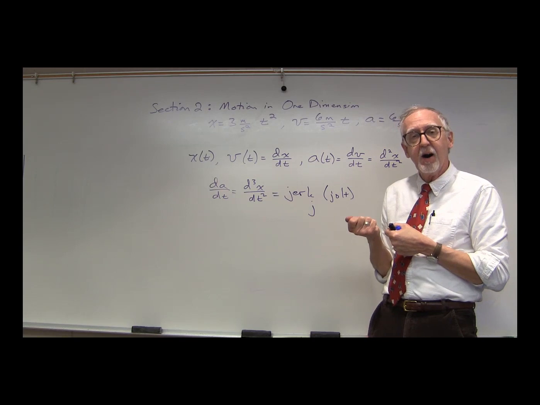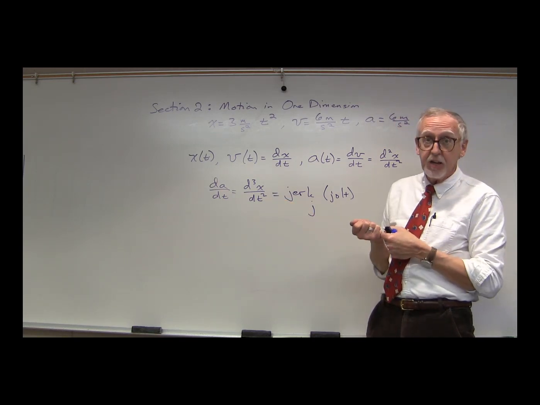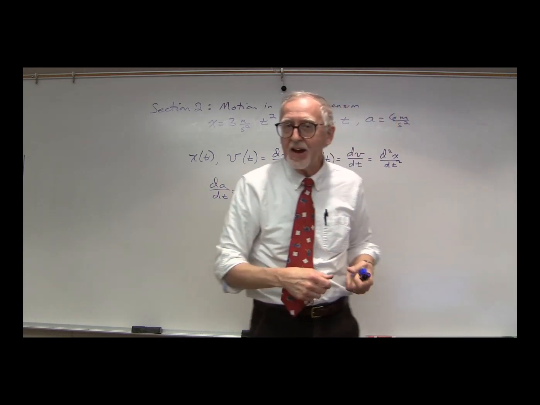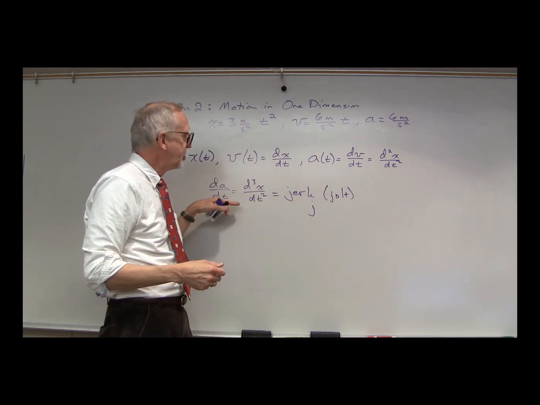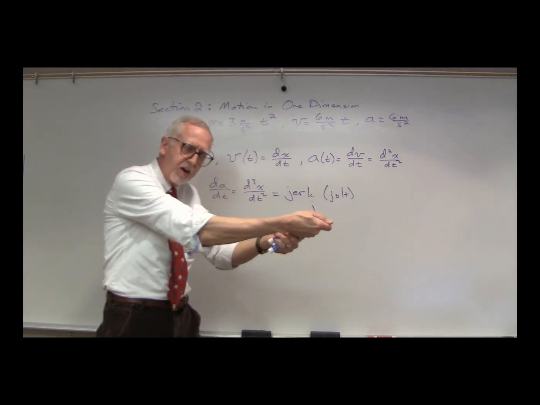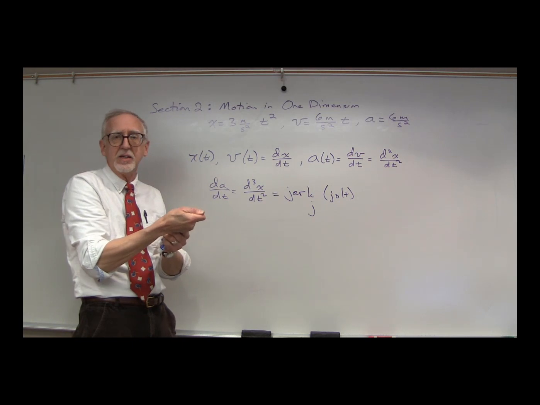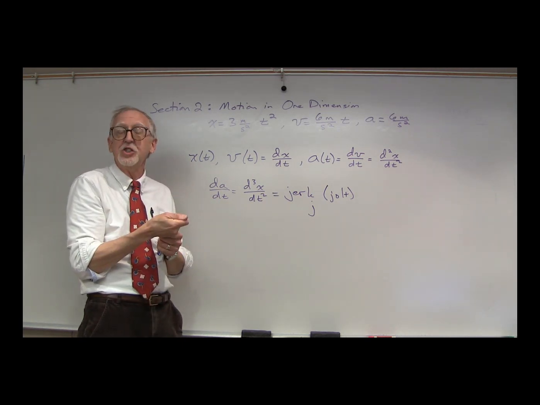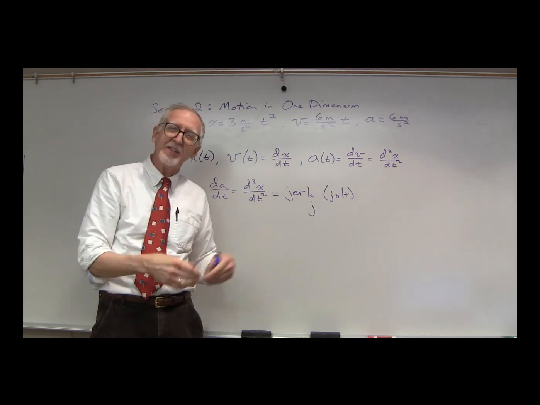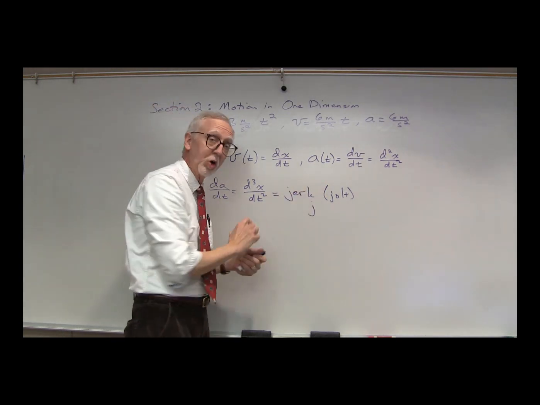They jerk on the rope. That's a change in the acceleration, and that's where the idea comes from. A jerk is a change in the acceleration, so rather than a constant pulling force, it's a sudden change in that, which you might describe as a jerk or a jolt.